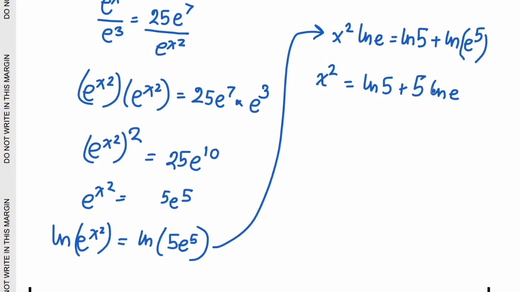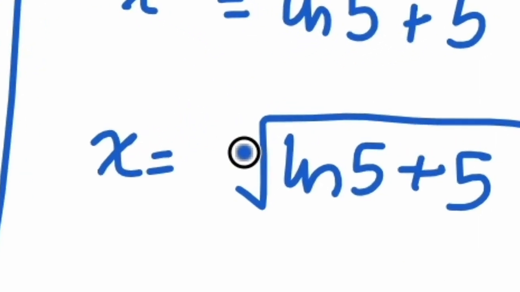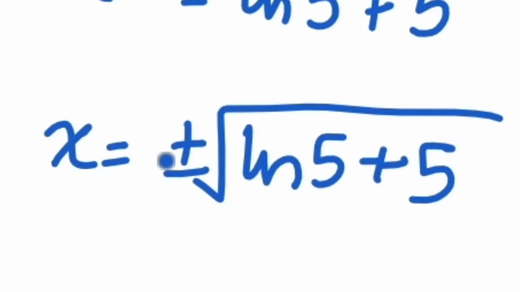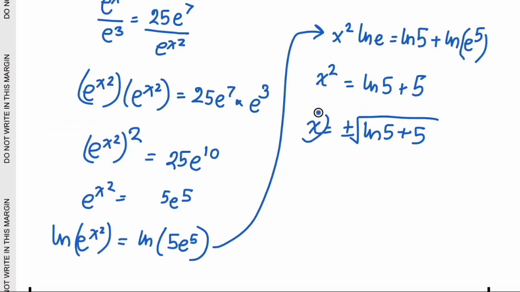And again, ln e is just 1, so I don't have to write that. Now there is an x squared, we take the root over there. So x is root over ln 5 plus 5. But guys, never ever forget the plus or minus here, because x can be both plus or minus the square root of ln 5 plus 5. Alright, that is our answer.